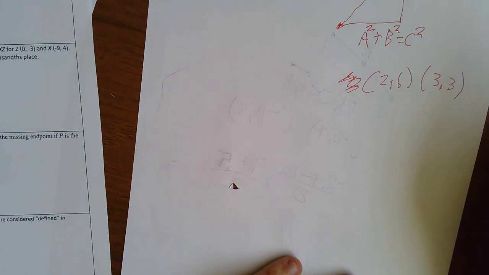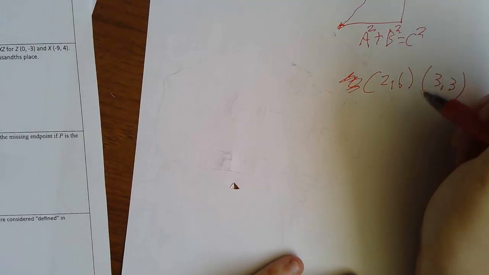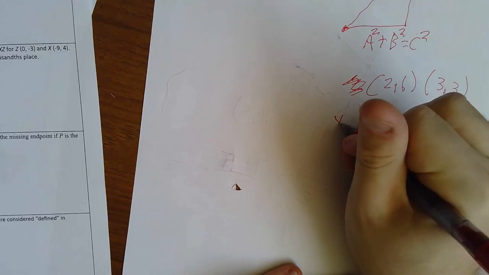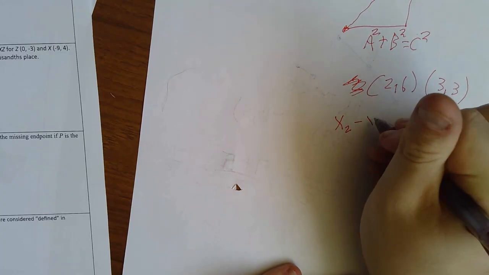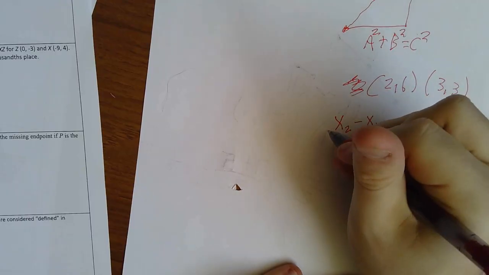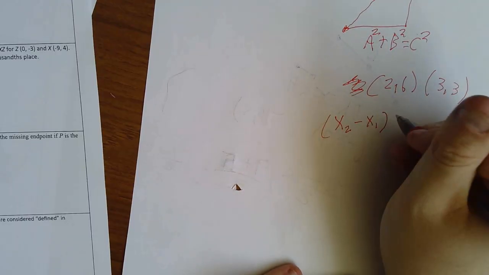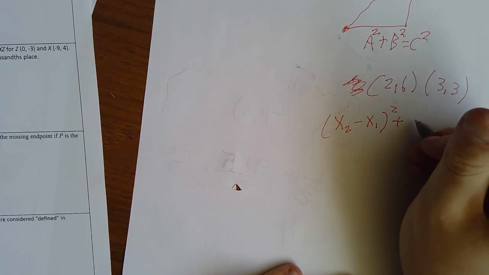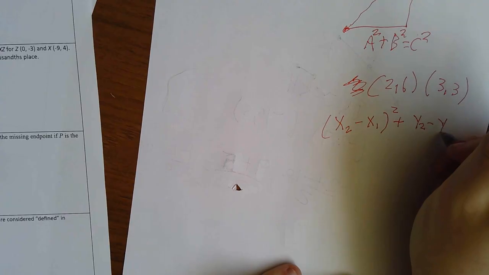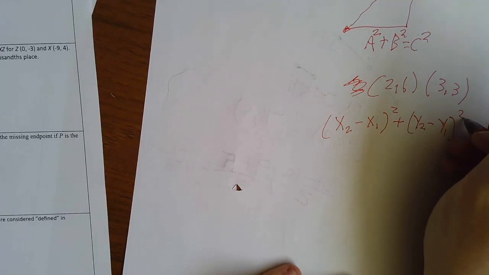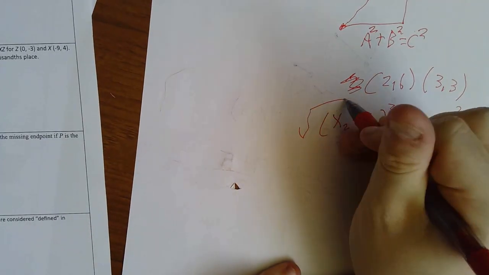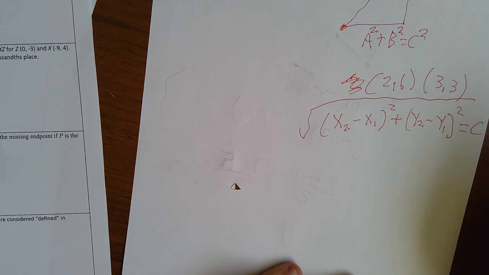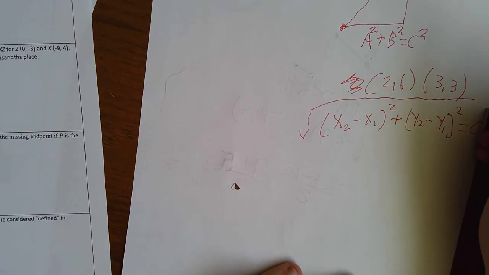It is x2 minus x1 quantity squared plus y2 minus y1 quantity squared. But then you need to take the square root of that to find the total distance. Or I guess we can call this distance D.